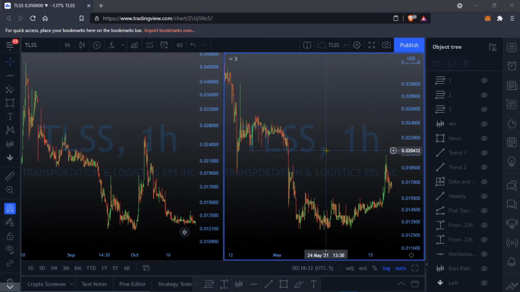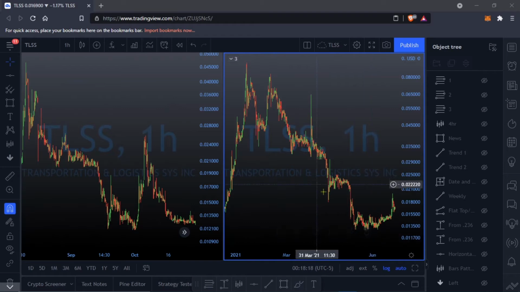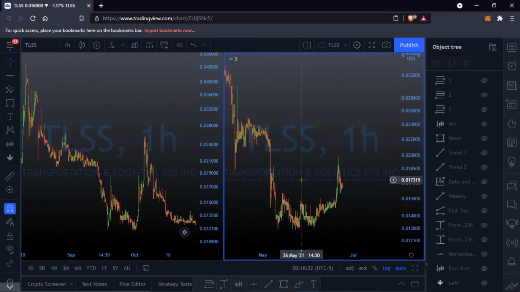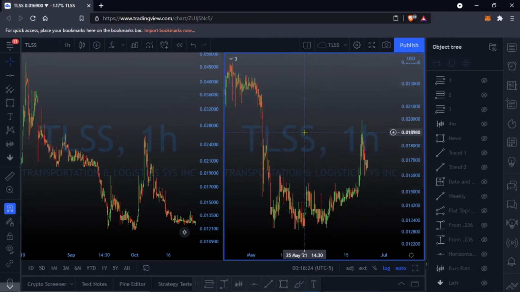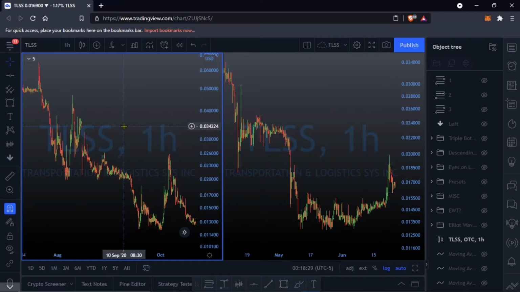Let me know what y'all think about me doing it this way. I'm not going to compare this entire downtrend again, but I just wanted to start right here and reestablish the importance of this.